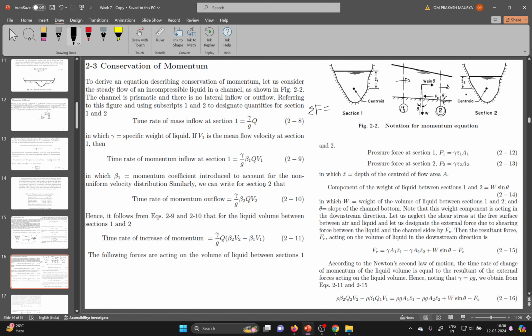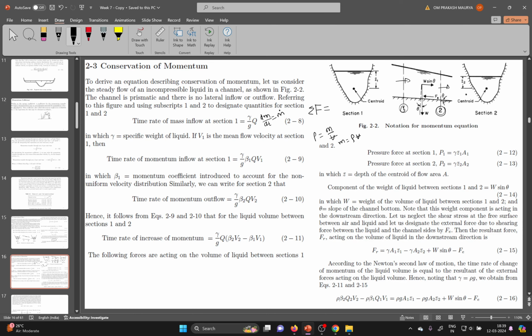So the rate of mass flow is dm by dt. How will you calculate this? Density rho is equal to m by V, so m is equal to rho into volume, rho V. And you have the extra term t.